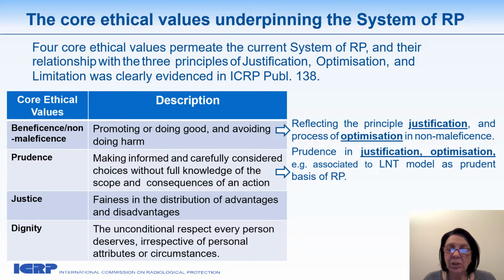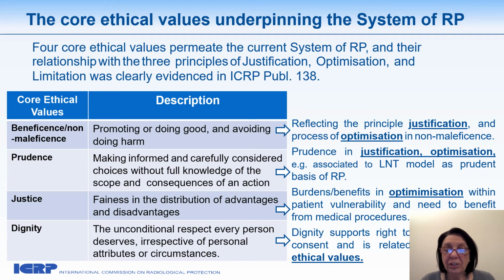Prudence is related to the consideration of uncertainties regarding radiation risk in both the situation of deterministic effects and stochastic effects, and also associated, as we well know, to the linear no-threshold model as a prudent basis of radiation protection.